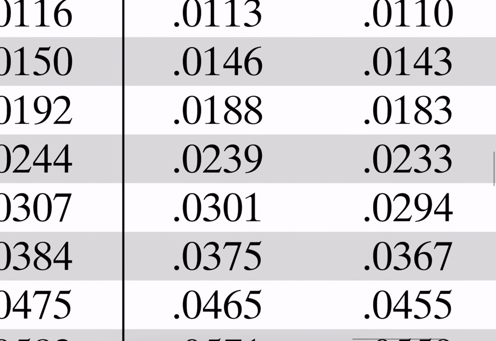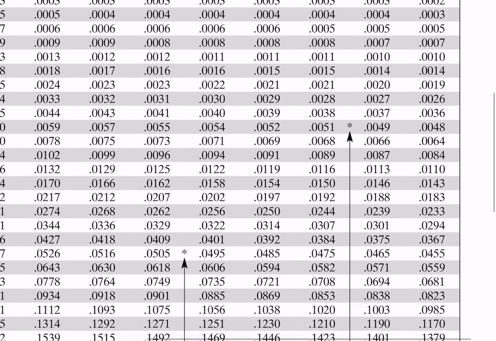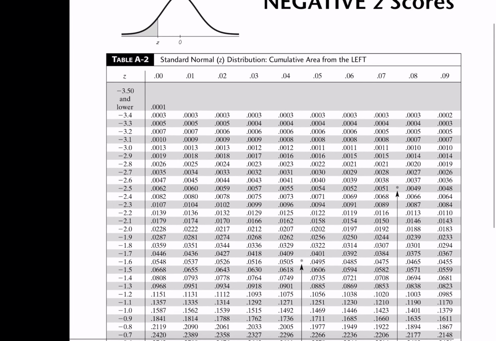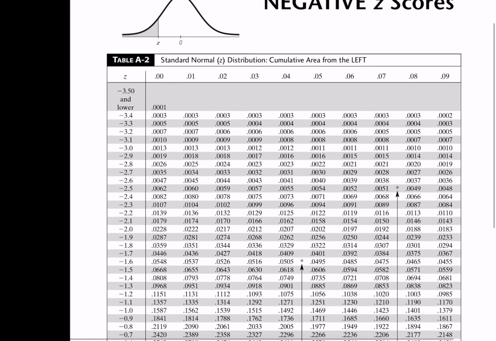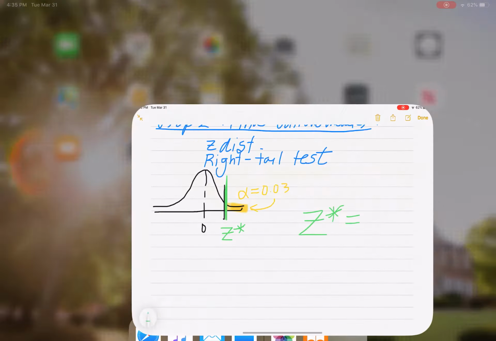It's 0.0301, so we'll use that. You want to go on the far left. I'm zooming out. You've got negative 1.8 on the far left, and above you've got 0.08. So negative 1.88 would be the negative version. Keep that in mind.